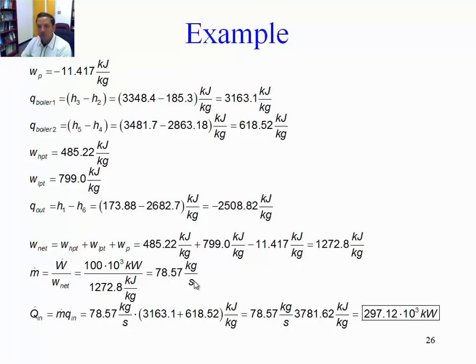Before we found this to be about 62 or something like that. And the amount of Q, because of this amount of power, the power is the same, 100, but because of this amount of mass flow rate, the QN is 297 megawatts as opposed to 244. So the cost of heating this vapor is much more due to the inefficiency.